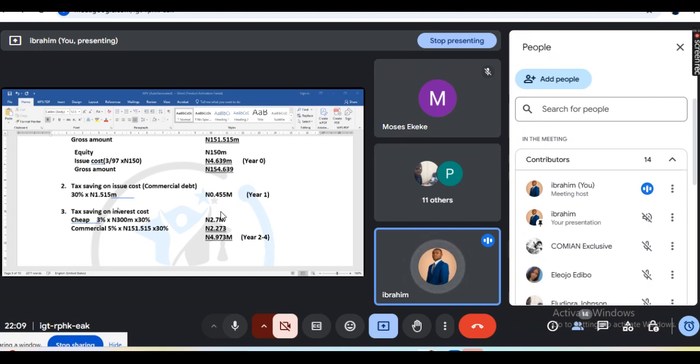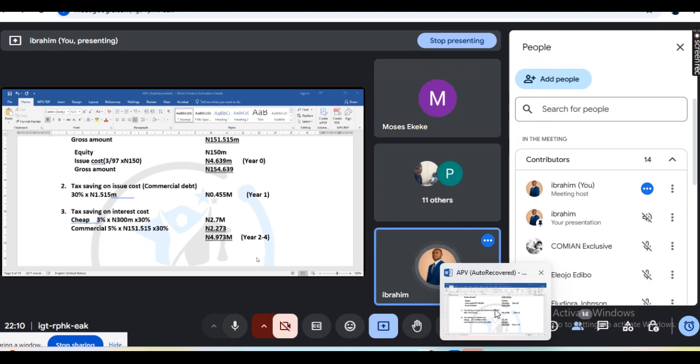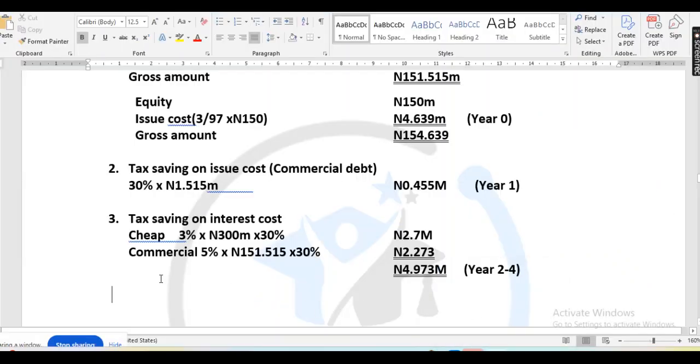Then when the examiner says that the tax savings will be on all the debts, right? The examiner will still not tell you that this particular project is only financed by debt. So when it is only financed by debt, it means both the commercial debt as well as the subsidized debt will suffer the tax savings on issue costs. We'll get there. That is the next question. So I hope you understand that, Moses. It's okay, sir. Thank you very much.